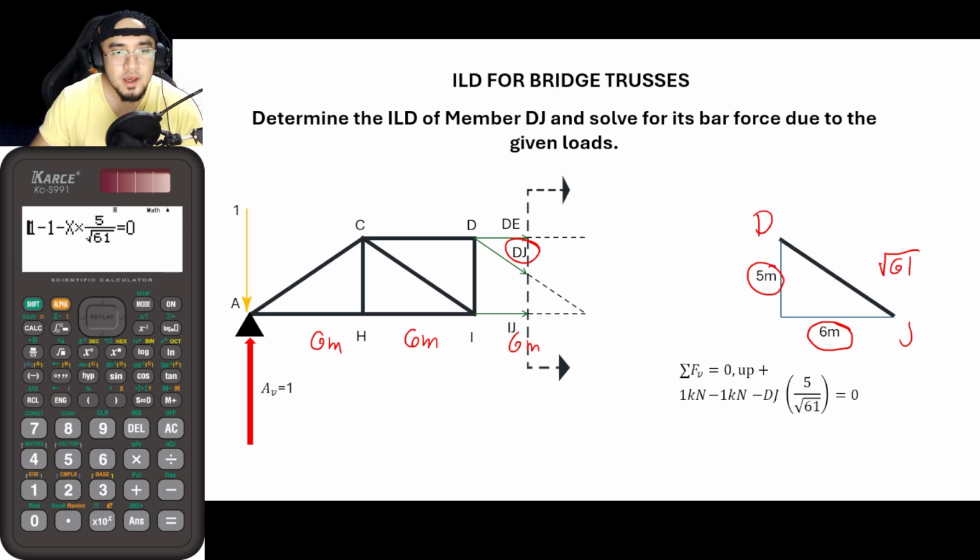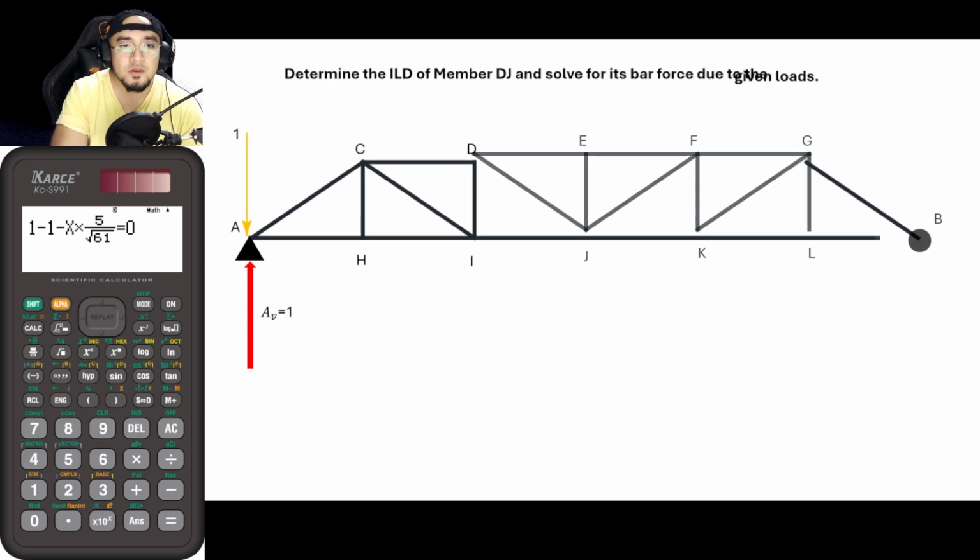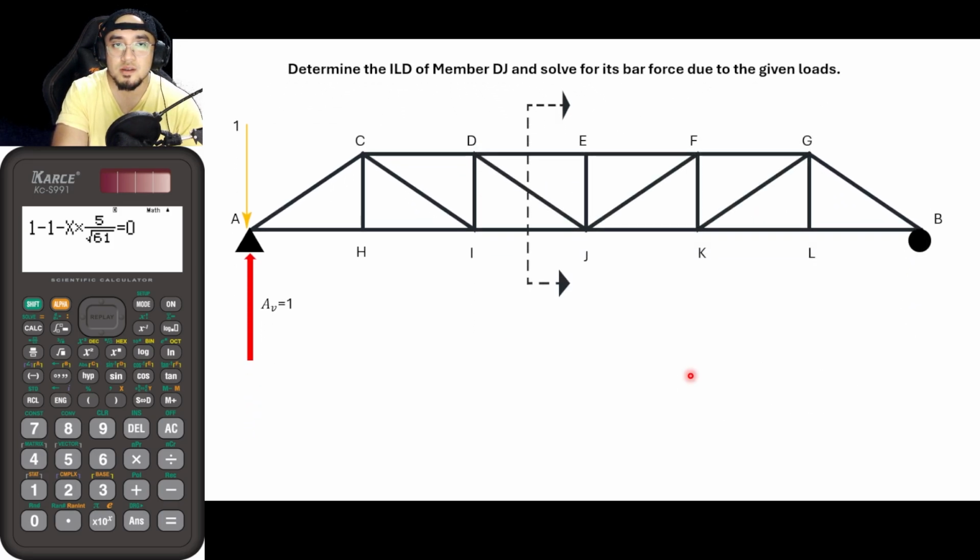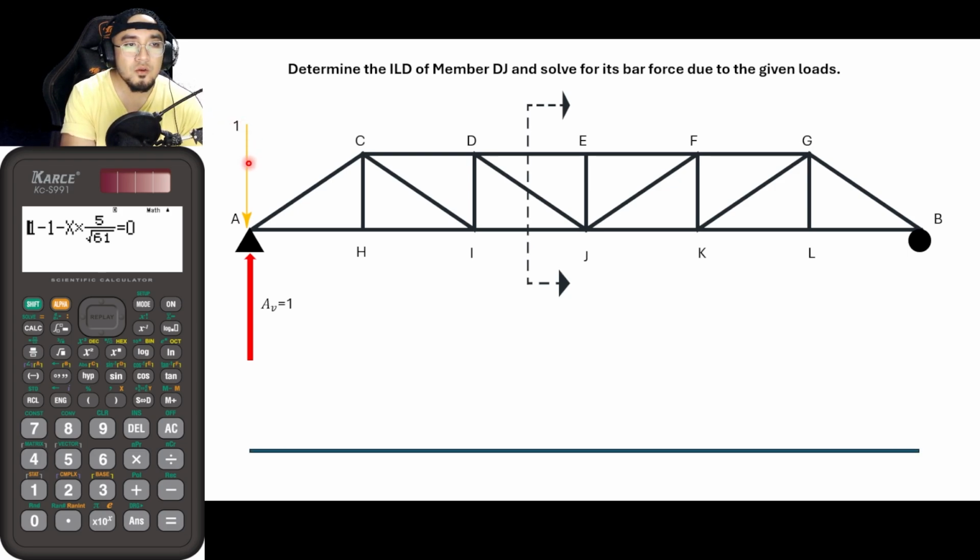So from that, guys, if the load is located at this point, the value for DJ is actually equal to 0. So with that, if this is our truss, if this is our graph, if the load is located here at this point, the value for DJ is equal to 0.